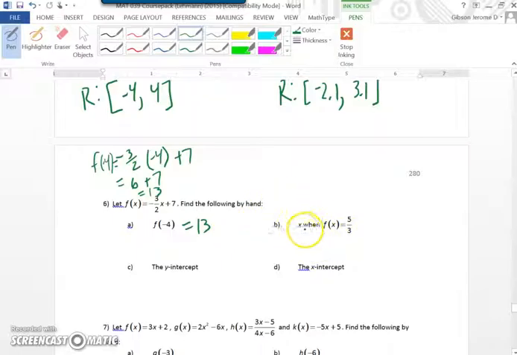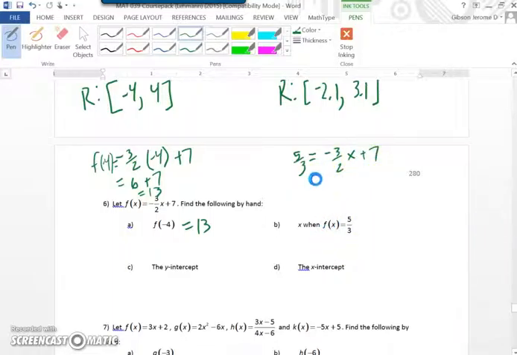All right, now it says find x when f of x is equal to 5/3. We know from lessons past that f of x, g of x, and h of x really means y. This is saying y is equal to 5/3, so that means this f of x is 5/3. So we can start this off as 5/3 is equal to -3/2 x plus 7.